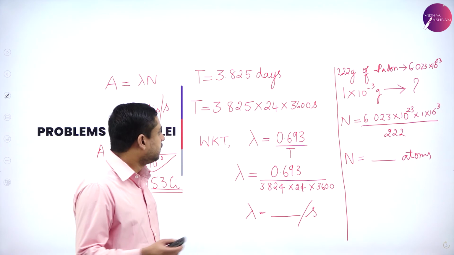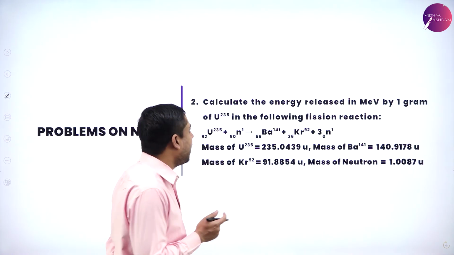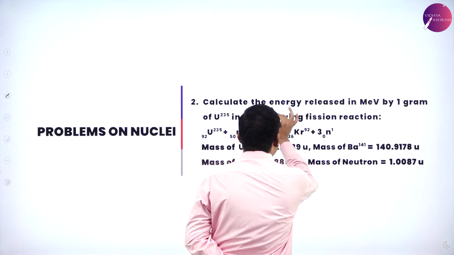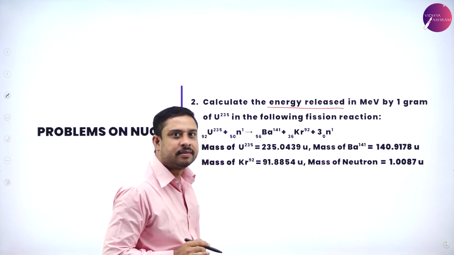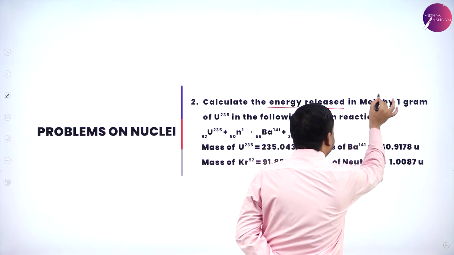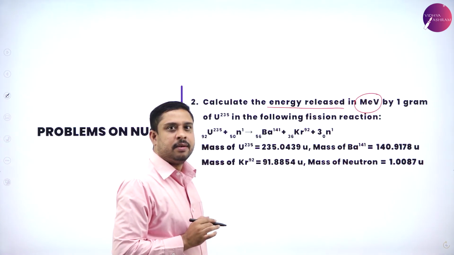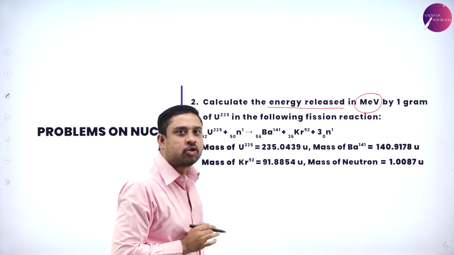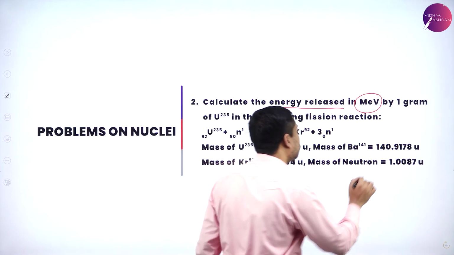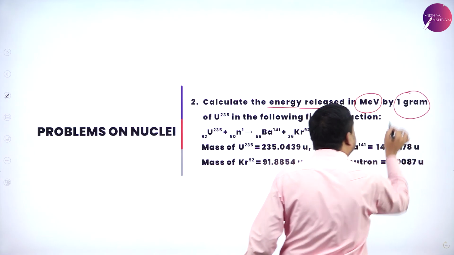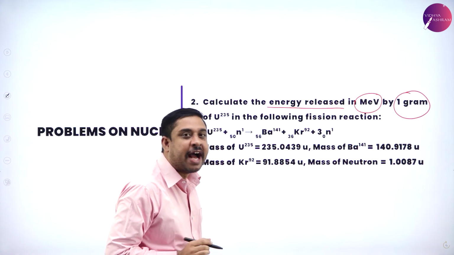Simple. The next one, students. We have to calculate the energy released in MeV, million electron volt, by, this is important, 1 gram of uranium-235.